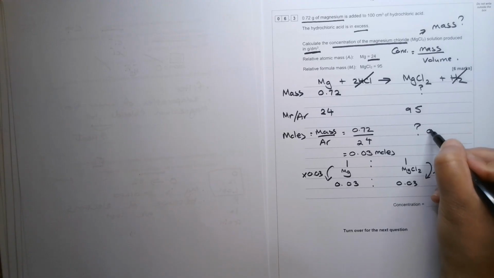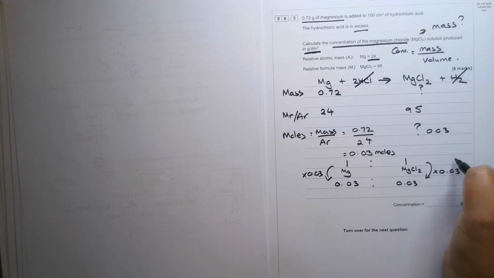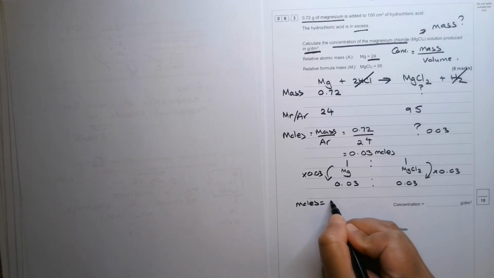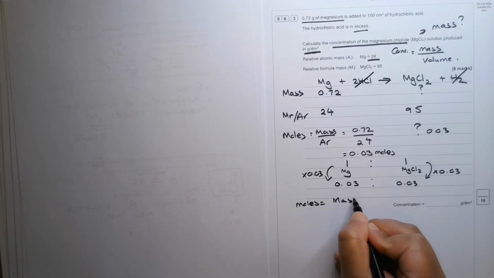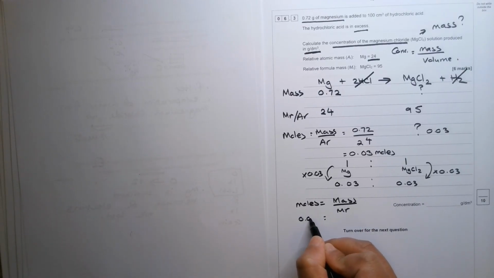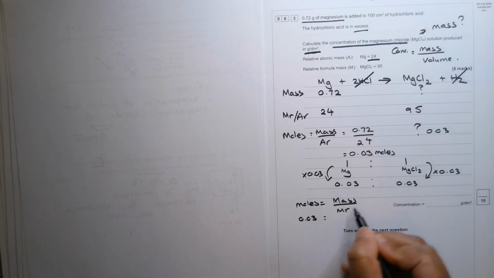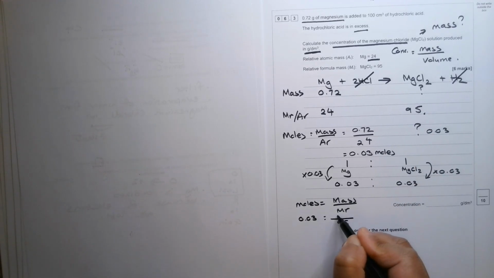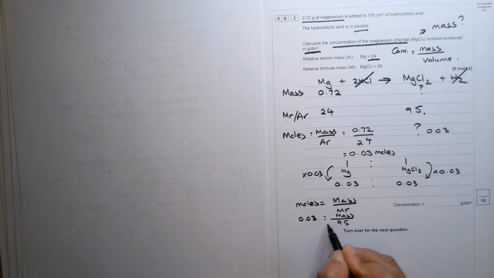So if I have moles of MgCl2, and if I go back to this equation, mass over Mr, I've got 0.03 moles, my Mr is 95, mass is what I'm trying to work out. So if I multiply these two numbers together, rearrange, that should give me my mass.